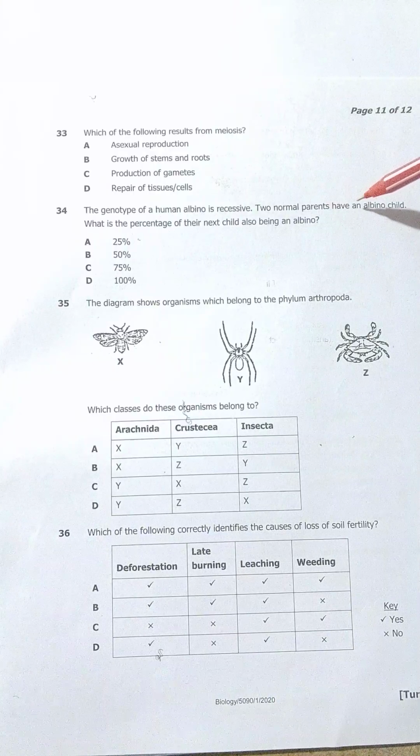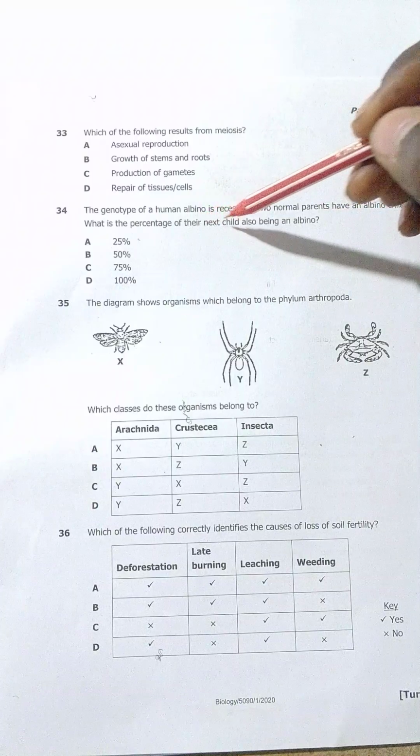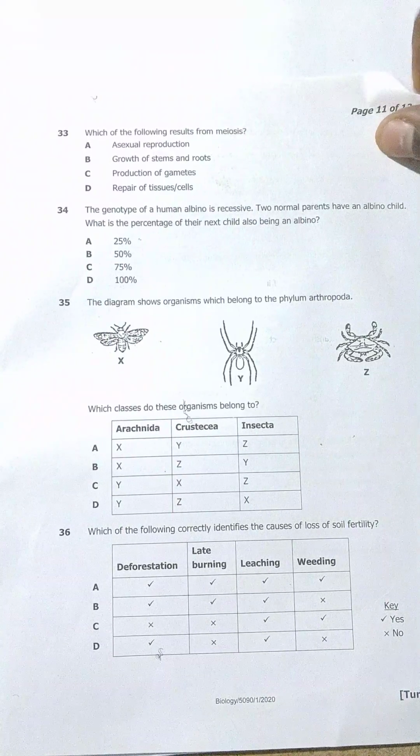Two normal parents have an albino child. What is the percentage of their next child also being an albino? Since they are two normal parents, it means they carry albinism, but they are normal. So their possibility of having a child with albinism should be 25%.